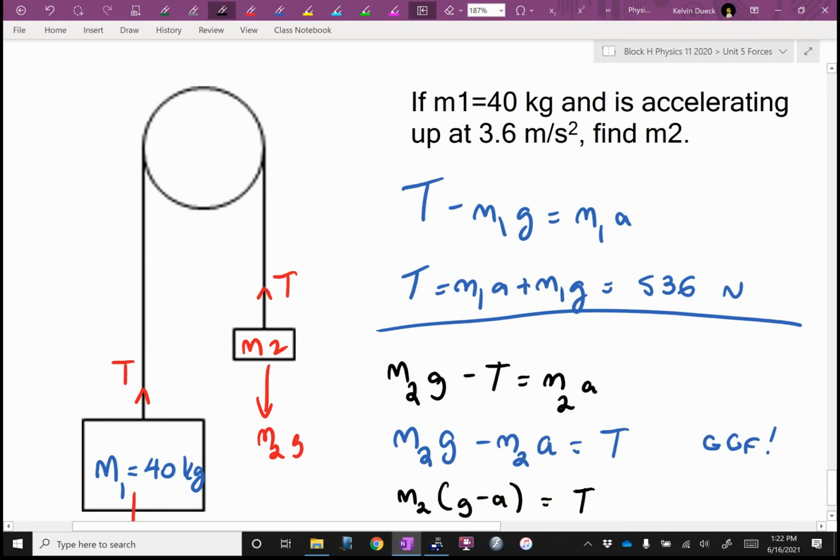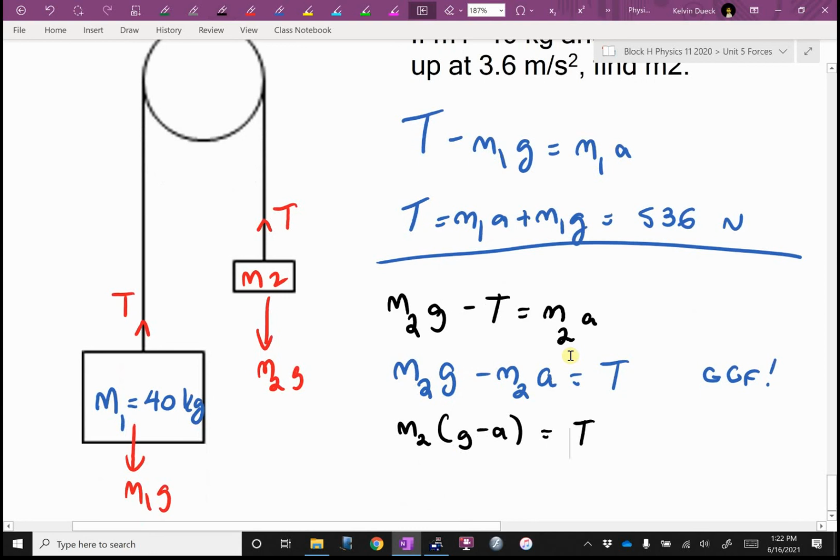And now how many M2s do I have? How would I get the M2 by itself? How would I move the bracket over? What's the bracket doing to the M2? That was that much easier though? How would you get the M2 by itself?